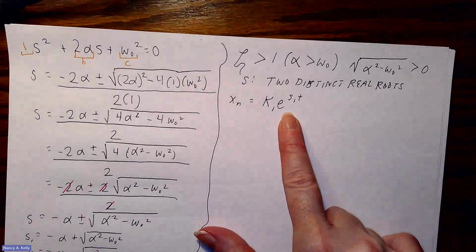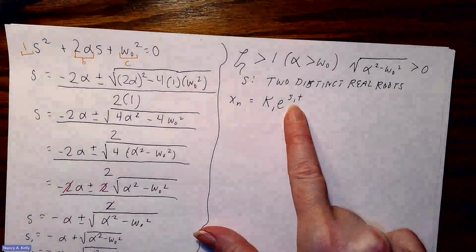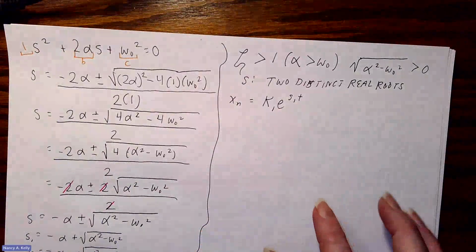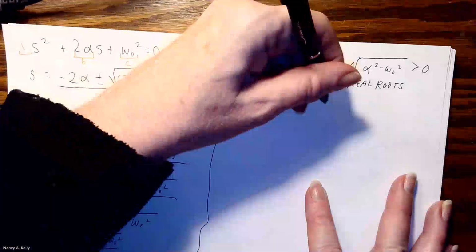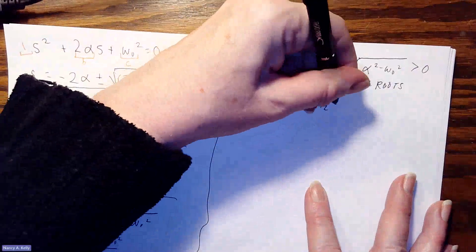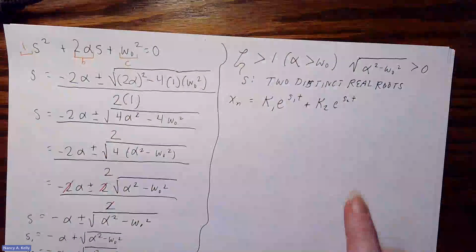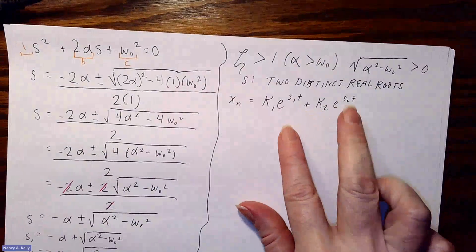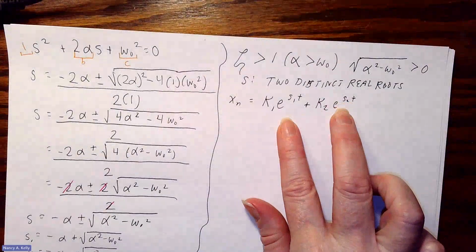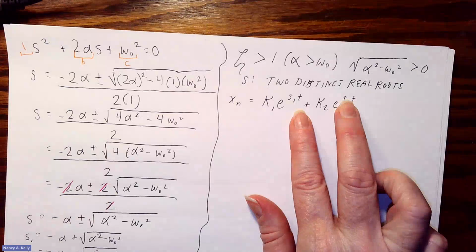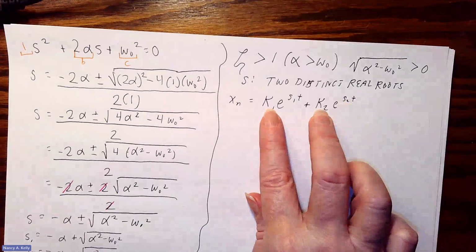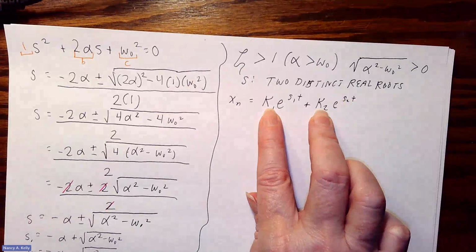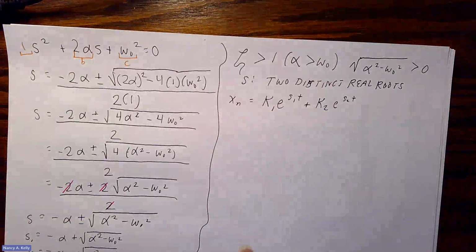So we have one of them here, k1 e to the s1t, and then the other one is k2 e to the s2t. So we have two exponentials here that are going to have different exponents and probably different numbers here. k1 and k2 are not likely to be the same.